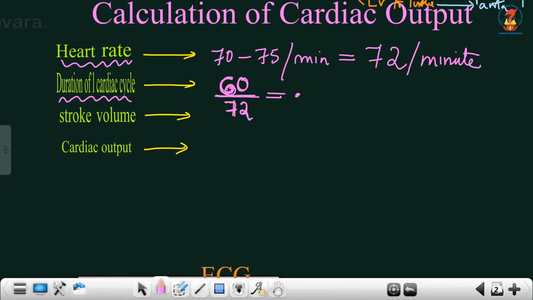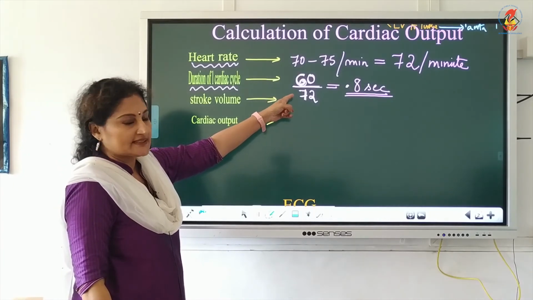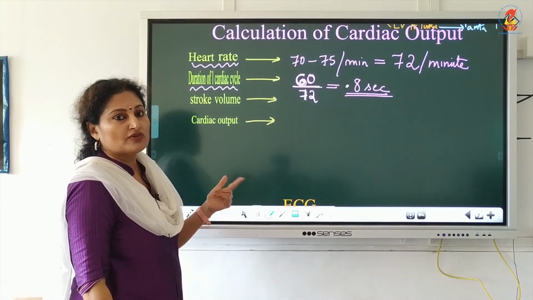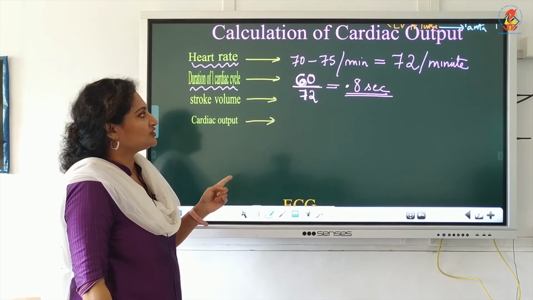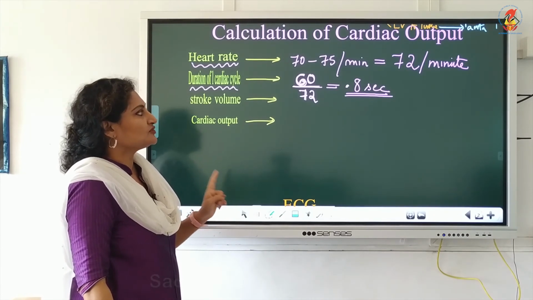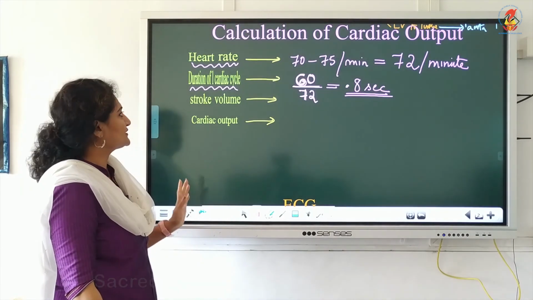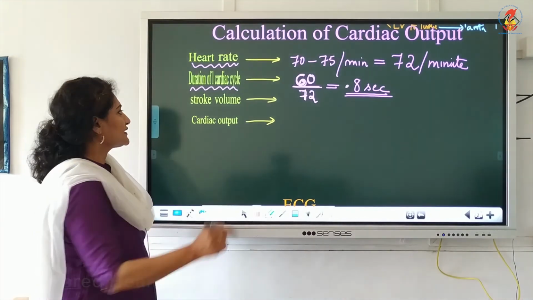This comes to 0.8 seconds. So, the duration of one cardiac cycle is 0.8 seconds. How did we calculate? The minute is converted to seconds. 60 seconds divided by the number of heartbeats per minute, that is 72. So, 60 by 72 gives you 0.8 seconds. So, that is the duration of the cardiac cycle.